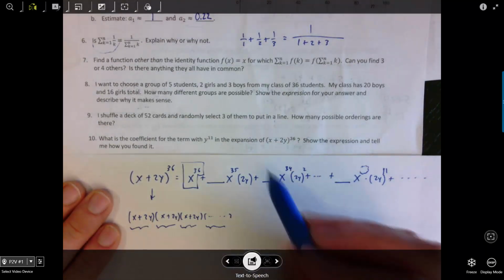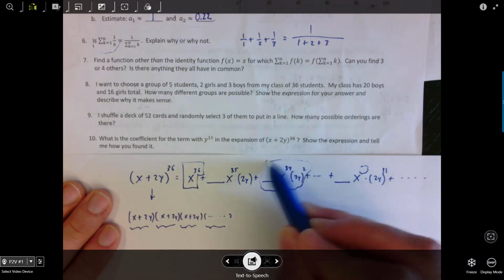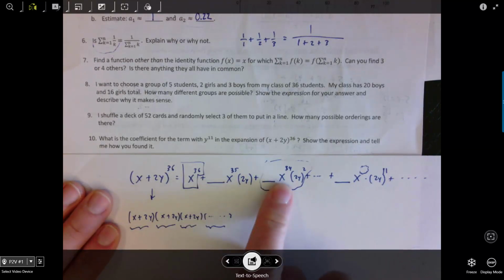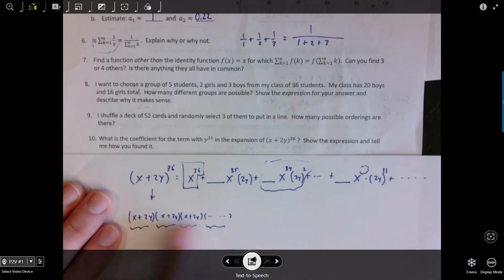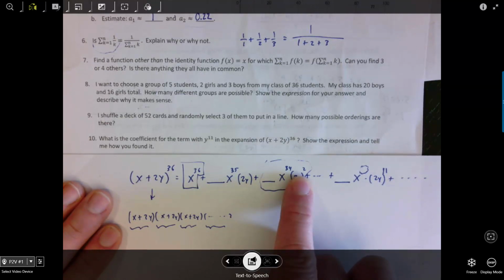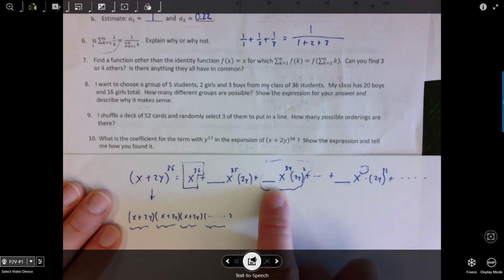But if I wanted to know about this one, the x to the 34th, what I know is that in order to get 34 x's, for 34 of these 36 possible choices, I had to choose x. And that means I had to choose y for the remaining 2. And so that's why if I've got x to the 34th, you know that the other exponent has to be 2. Because however many I'm choosing for the first one, all the rest of the 36 have to be for the second one.